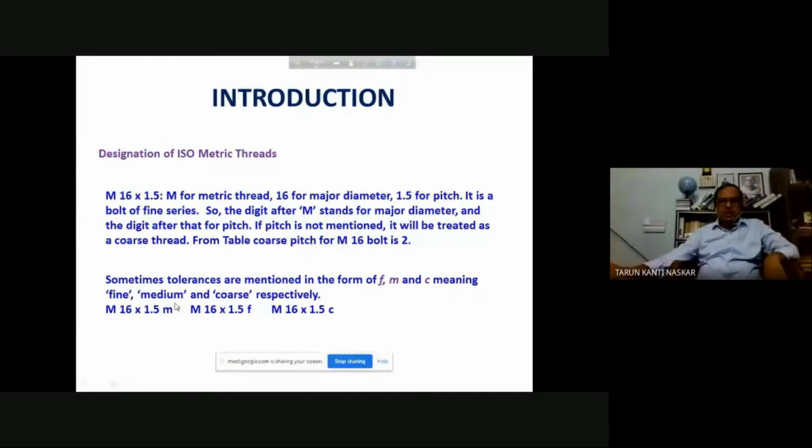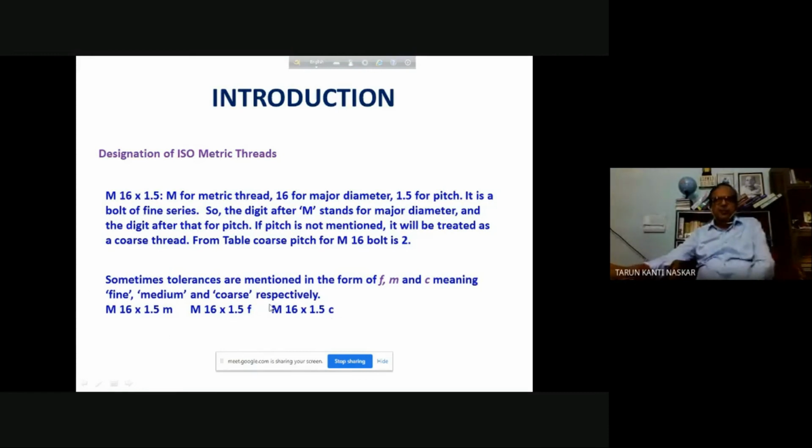If you write M, then it is medium. If you write F, then it is fine. If you write C, then it is coarse. So this way they are designated: M16 by 1.5, M16 by 1.5F, M16 by 1.5C.